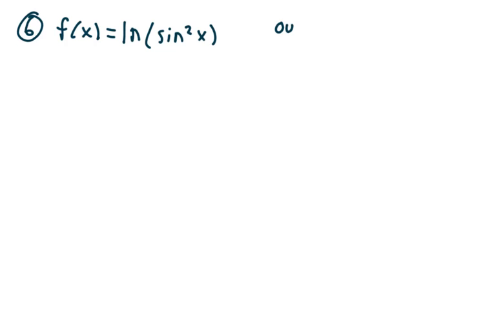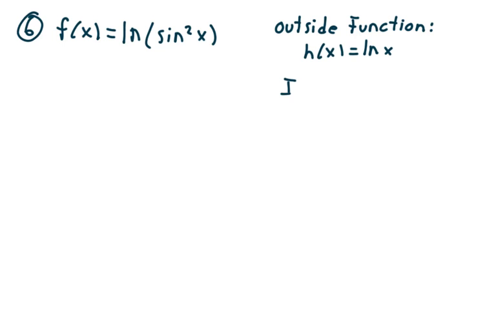The outside function, we'll call it h of x, is natural log of x. The inside function, we'll say is g of x, is sine squared x.